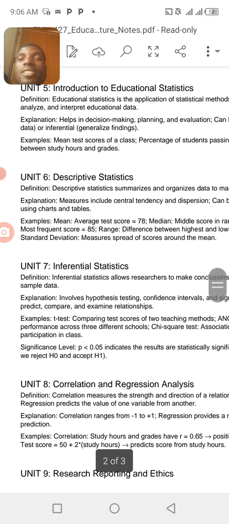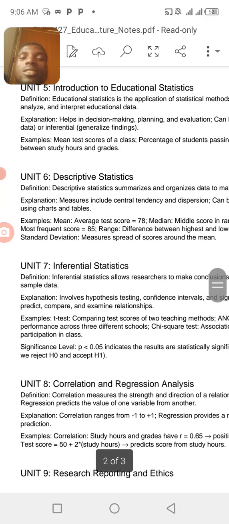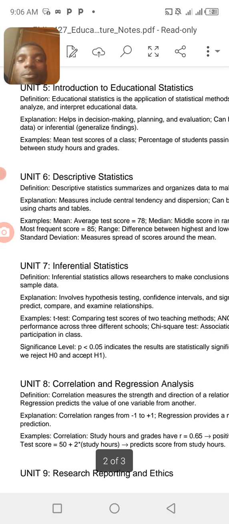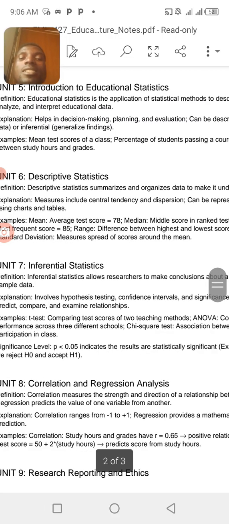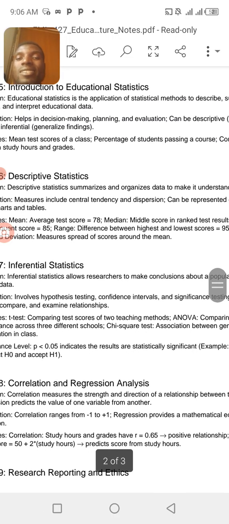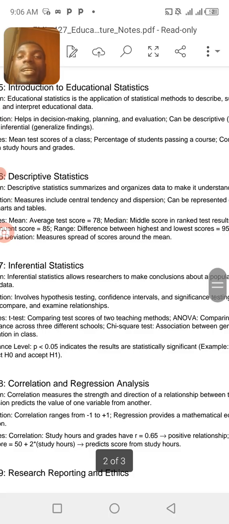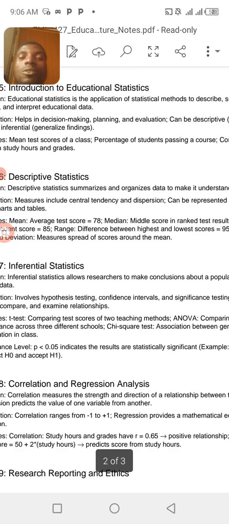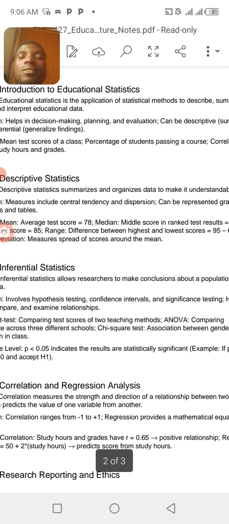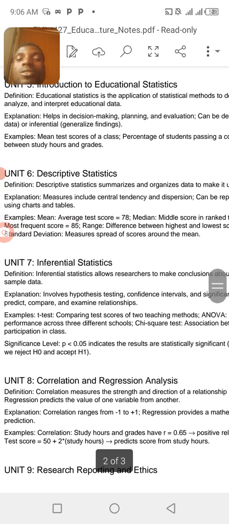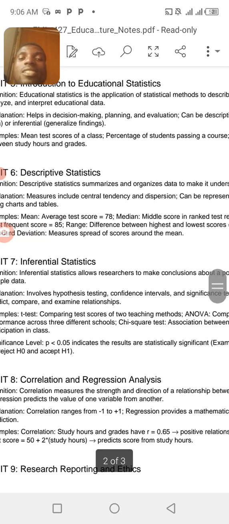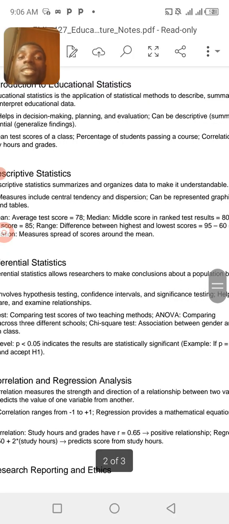Then we have Unit 6. We are going to talk about descriptive statistics. So descriptive statistics actually summarizes. Are you getting it? It summarizes, rounds up, and organizes data to make it understandable. So in descriptive statistics, it summarizes and organizes data.